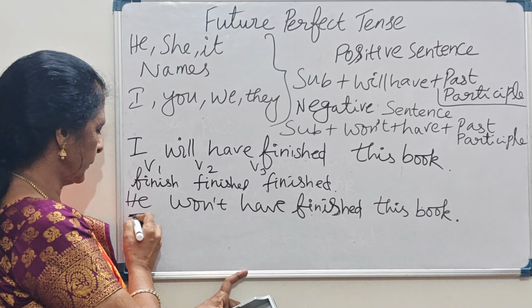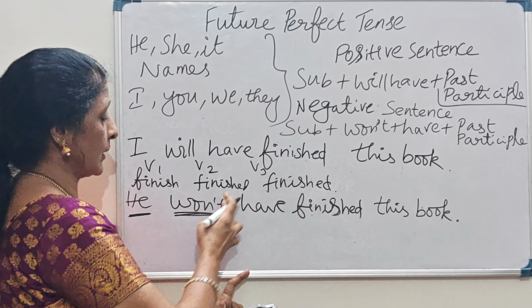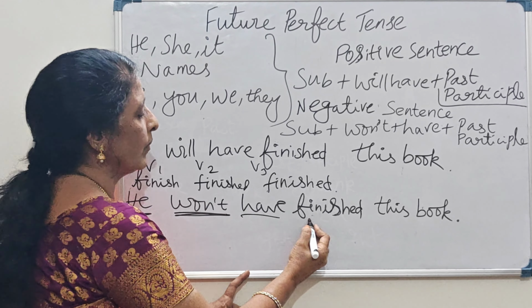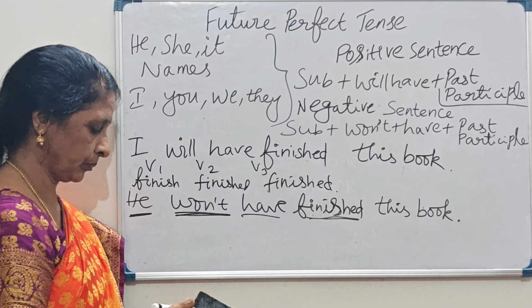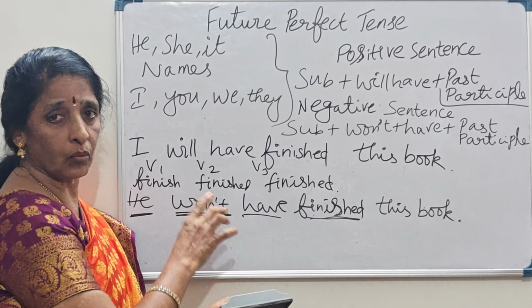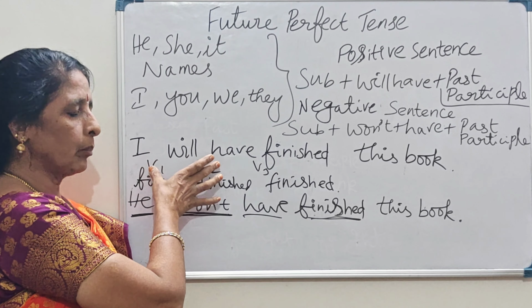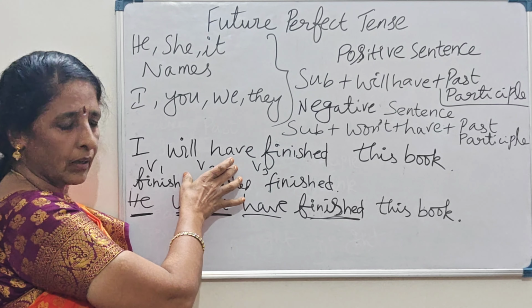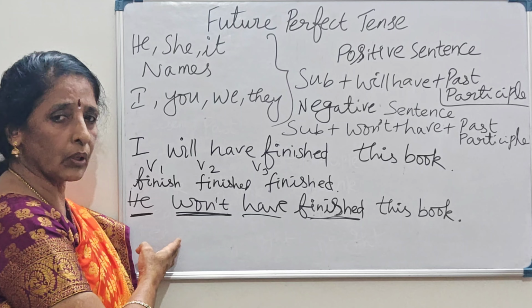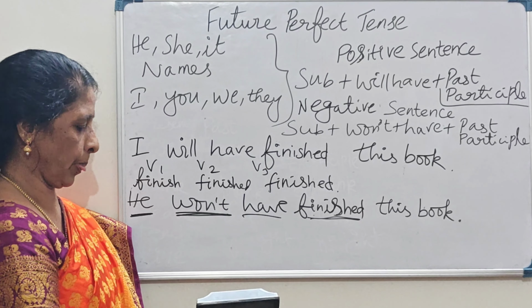Here see, subject, this is negative sentence. Have finished. Finished is past participle. Is it clear now? This one positive sentence, this is negative sentence, and this one will be finished before a specific time in the future. This will not be completed by a specific time in the future.